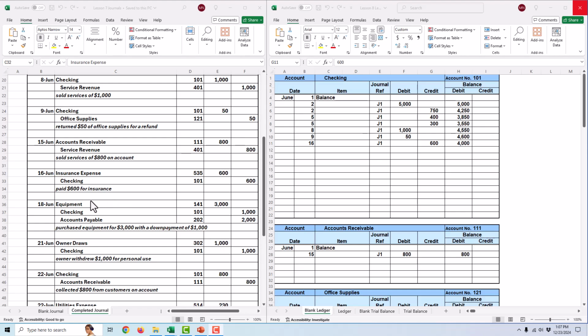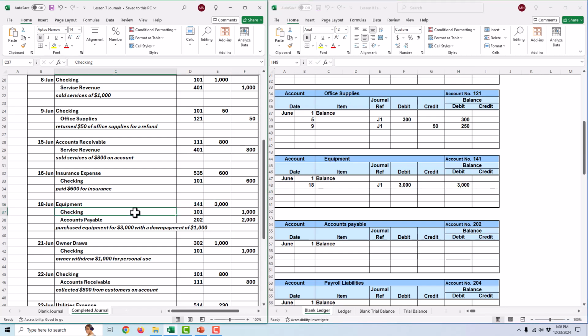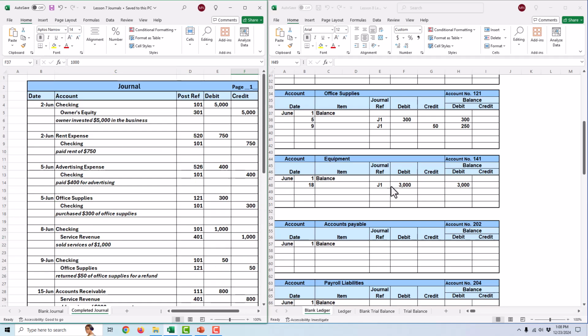Then in the next one, there was a debit to equipment for $3,000. So let me find equipment. I would put in the date and the journal reference, and the $3,000 would go in the first debit column. And since there's no prior balance or prior transactions, that would also be the running balance. Then there was a credit of $1,000 to checking.